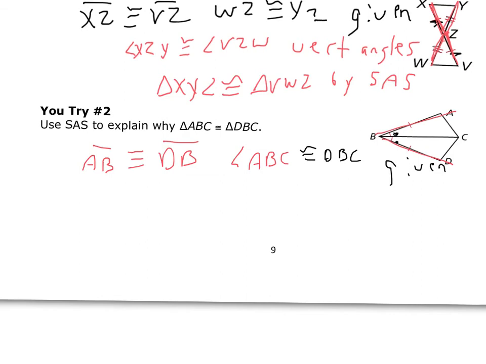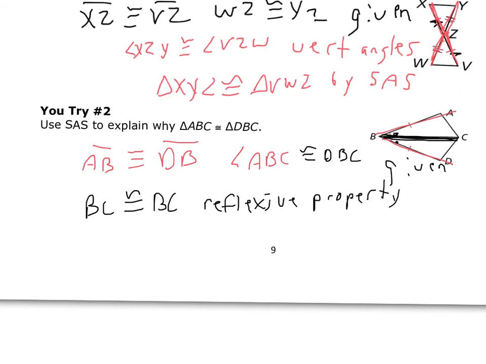Okay, we also know, since we have one set of congruent sides and an included angle, we need one more set of congruent sides to prove by SAS. So we also know that this guy is going to be congruent. We know that BC is going to be congruent to BC, once again, because something is always congruent to itself by the reflexive property.